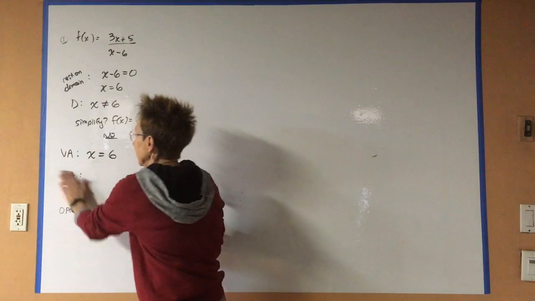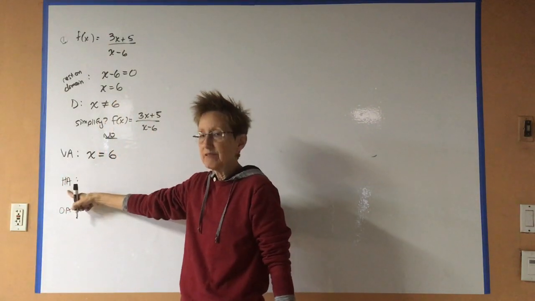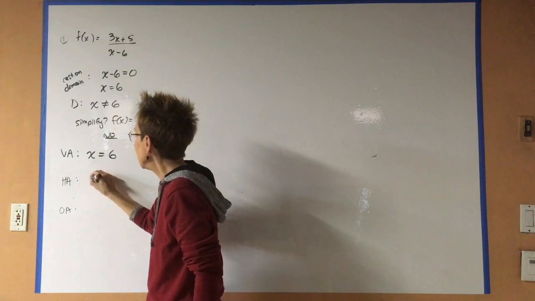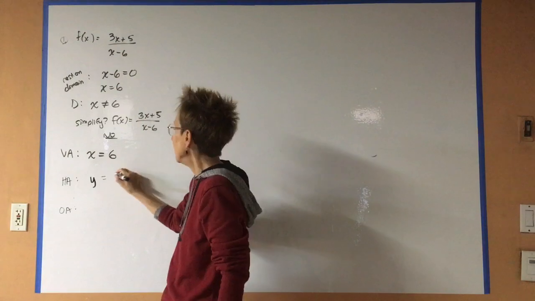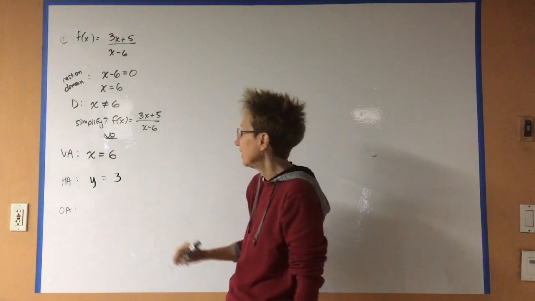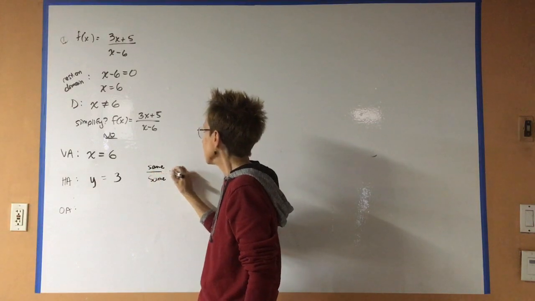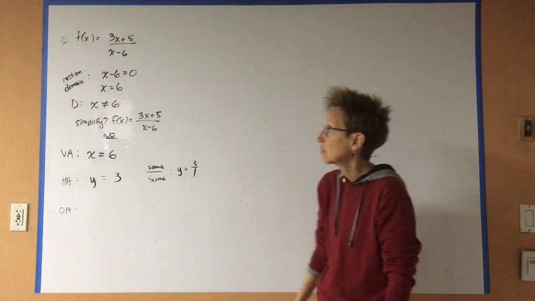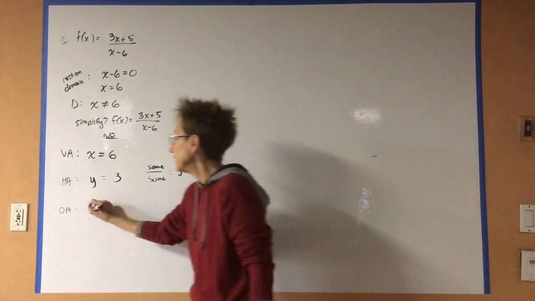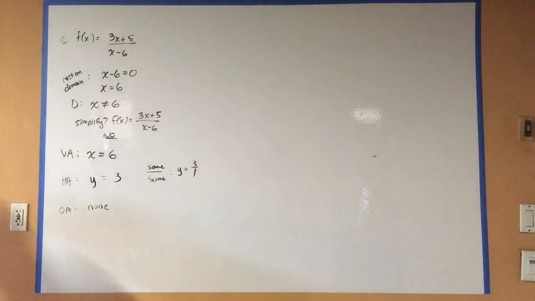So HA or OA, I say it's the HA. If it's same, then it's going to be y equals leading coefficient over leading coefficient, which would be 3 over 1, which would give me 3. So this was same over same, and so we got y equals 3 over 1, and that simplified to y equals 3. OA, none. Can't have both, one or the other. There's that one. Let's take a look at this next one.